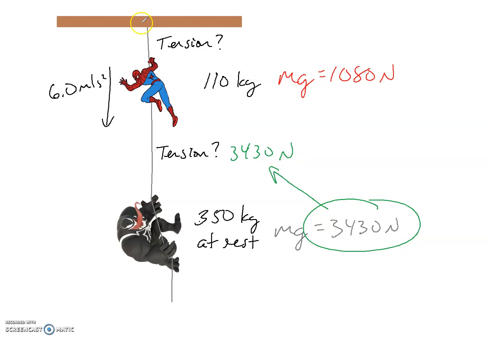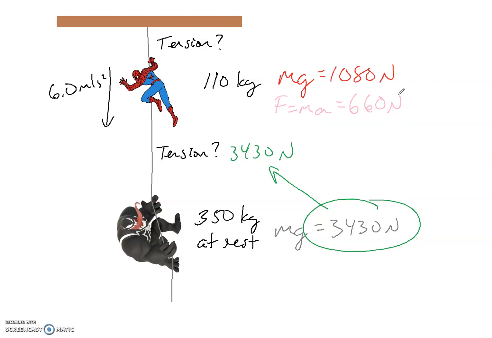Now the one up here is a little more complicated because Spider-Man isn't at rest, he's accelerating. If we do F equals ma, we can find how much force is actually being used to slide him down the web. With a mass of 110 and an acceleration of 6, the net force is 660 newtons.